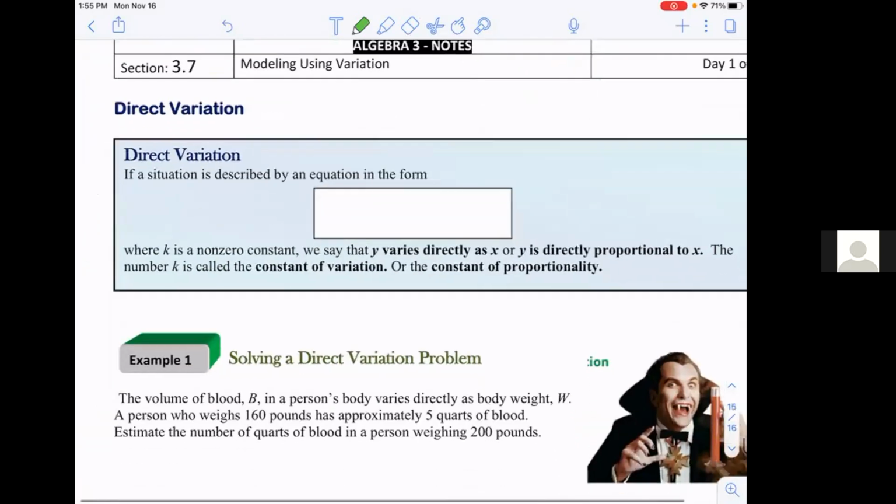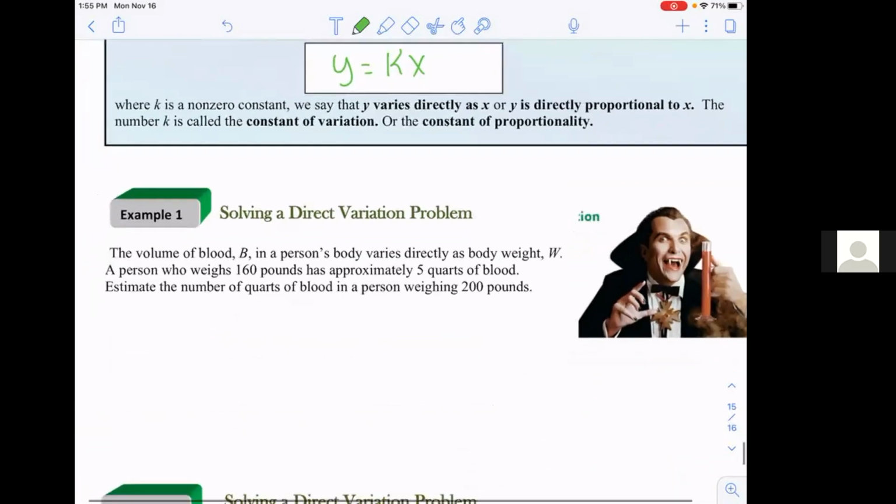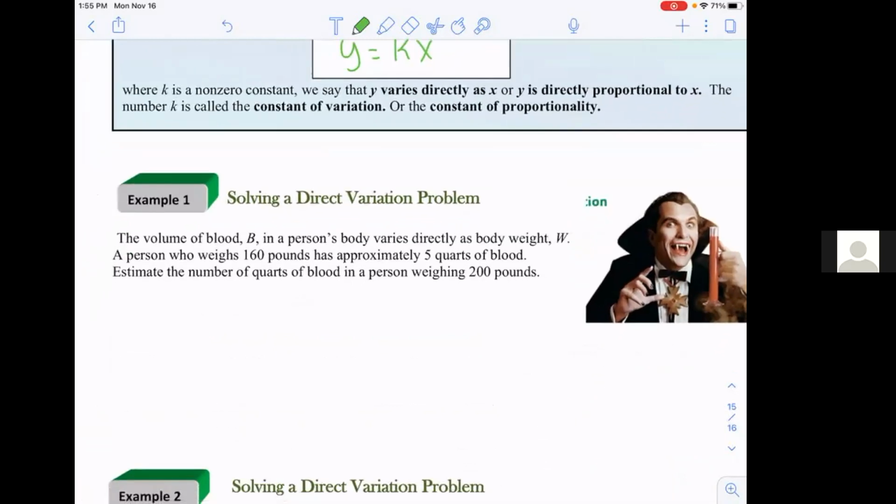A direct variation is going to have the equation of y equals kx. Fairly relevant, but here we go. The volume of blood in a person's body varies directly as the weight. So when it varies directly, that means we're going to multiply by a constant.